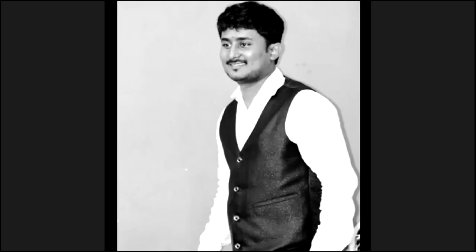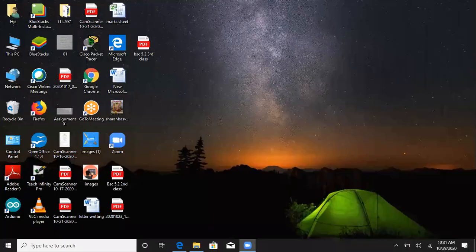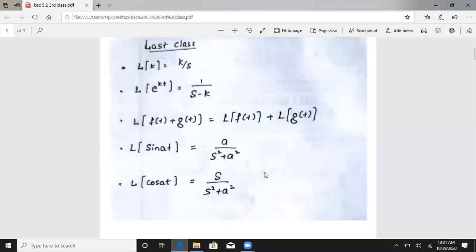In last class, we discussed the Laplace transformation of a constant value, which is equal to that given constant value divided by s.